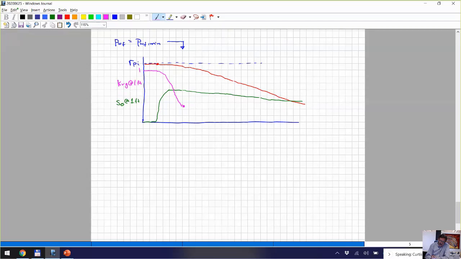And then this thing is going to go gradually up as the oil saturation goes gradually down. It's going to look something like that. So this is KRG at 1 foot. This is SO at 1 foot. And this is the producing oil gas ratio. All wells are always going to look like this. Guaranteed. Okay, that's what we also saw. Yeah, good.